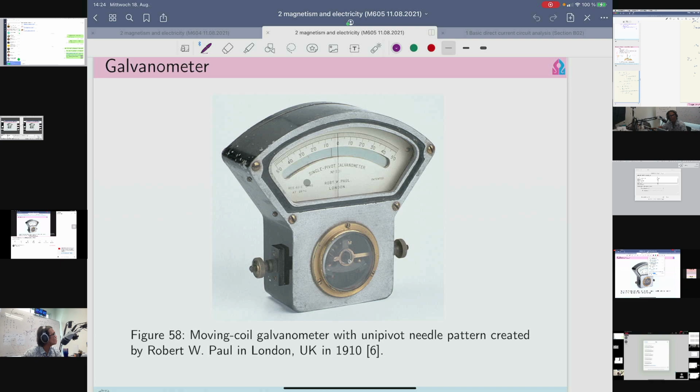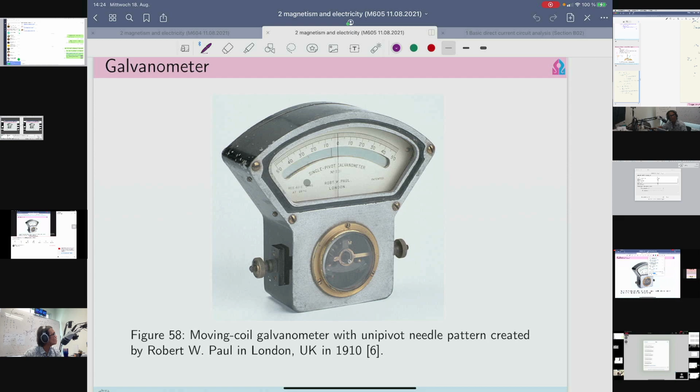And here is the version that you can find nowadays on the market, in an online shop.